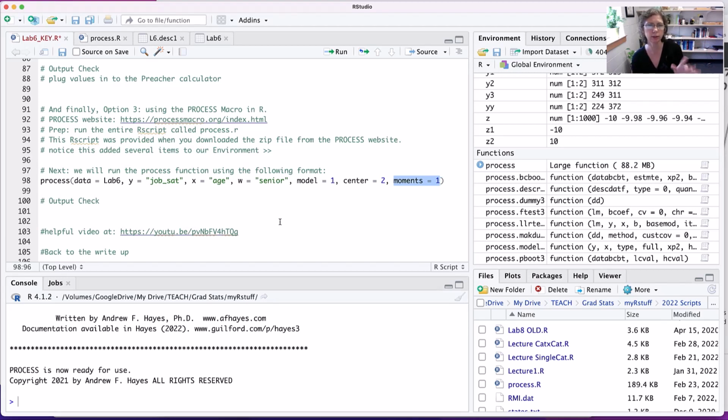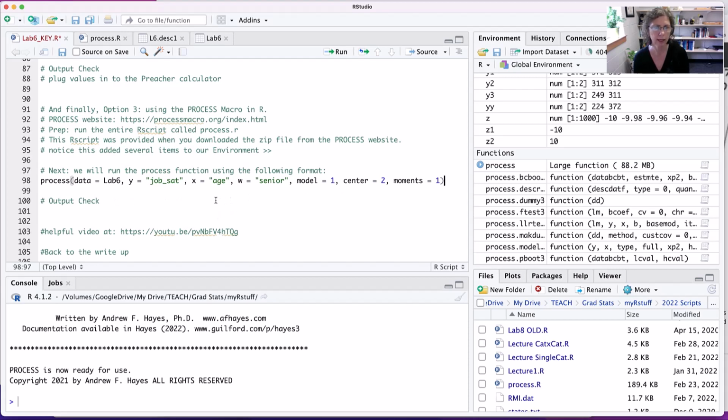Sometimes, like we had to adjust it when we were in process in SPSS as well, they'll do quartiles instead of standard deviation. So the default is quartiles, and if we want one below and one above standard deviation from the mean, we have to give that argument here, and it's called a moment, and it's moment equaling number 1.